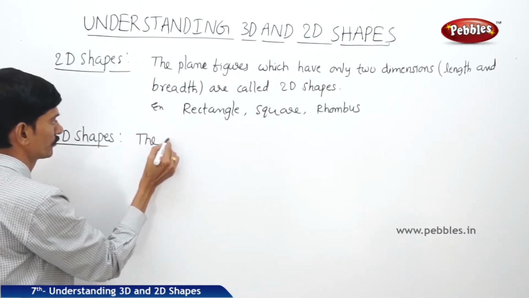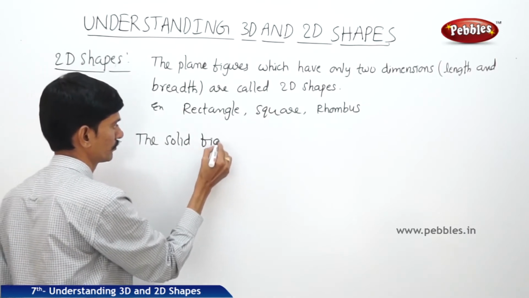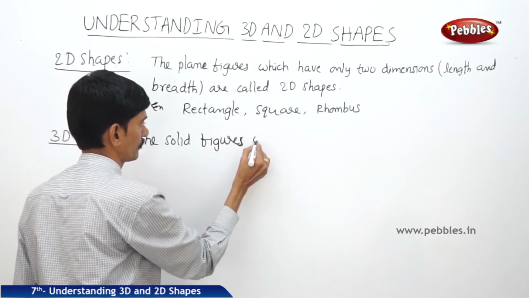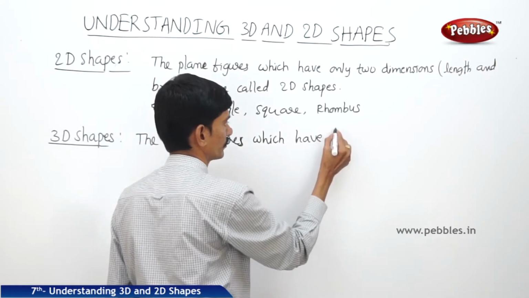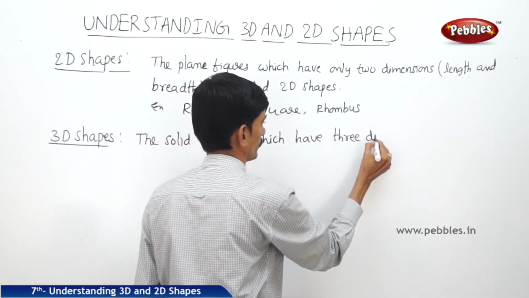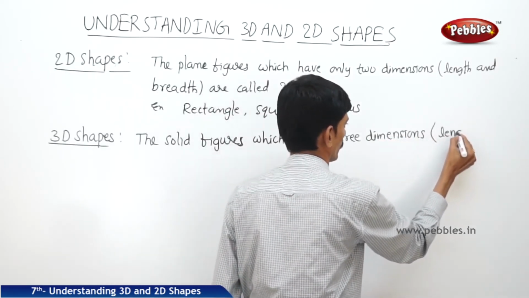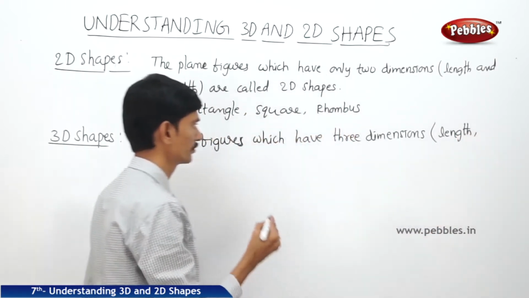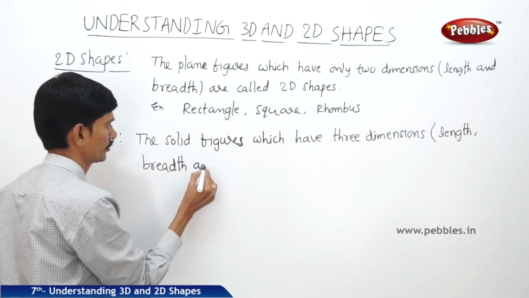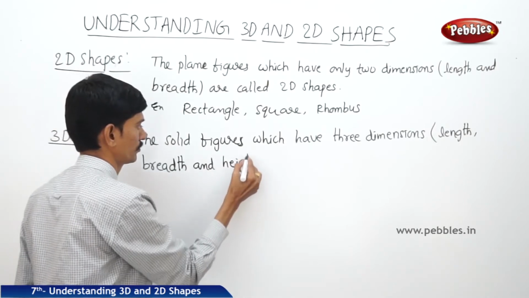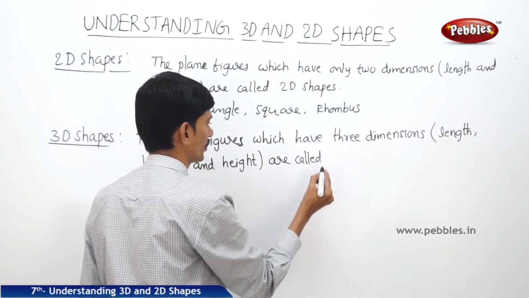The solid shapes, the solid figures, which have three dimensions: length, breadth and height, are called 3D shapes.